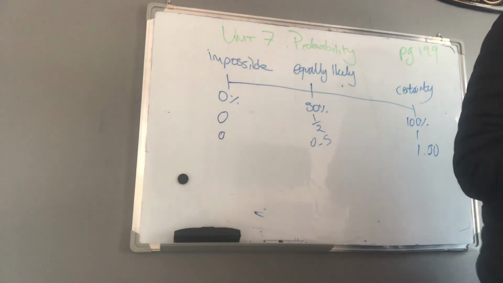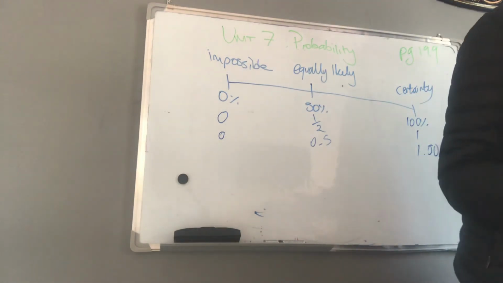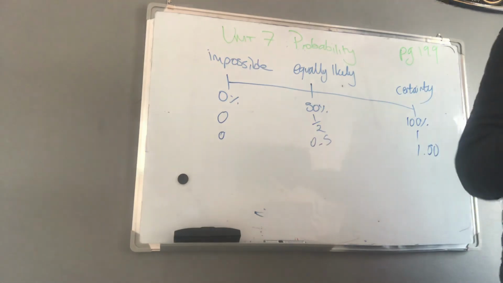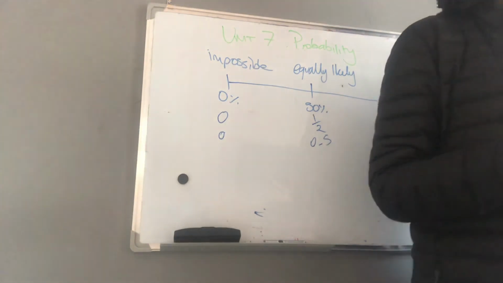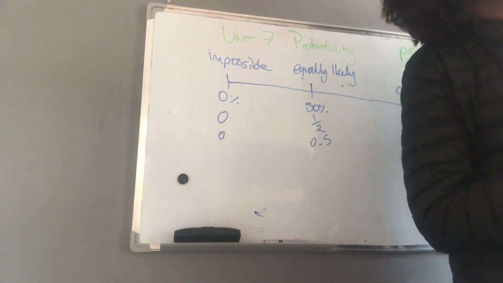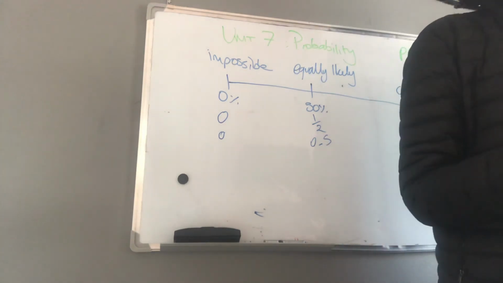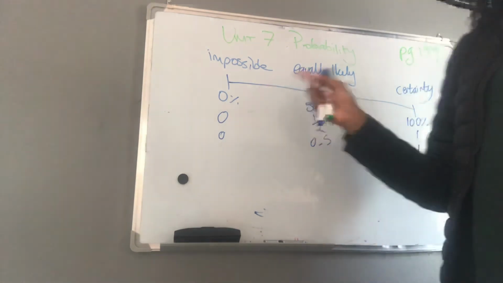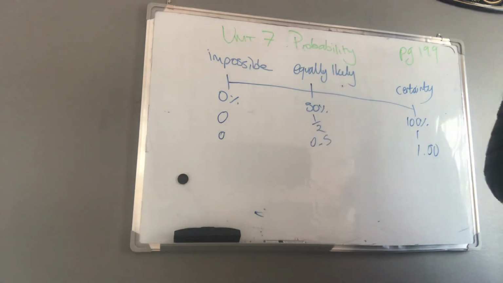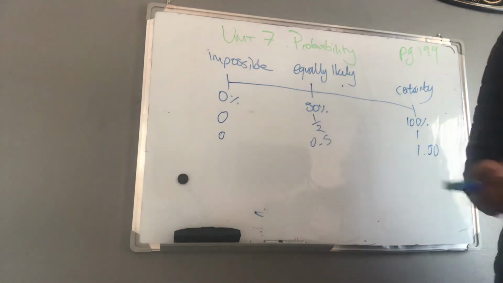The possibility of you getting a head or a tail is 50%, because we're looking at an unbiased coin, which means it's not weighted on one side, so it's an equal chance of you getting a head or a tail.